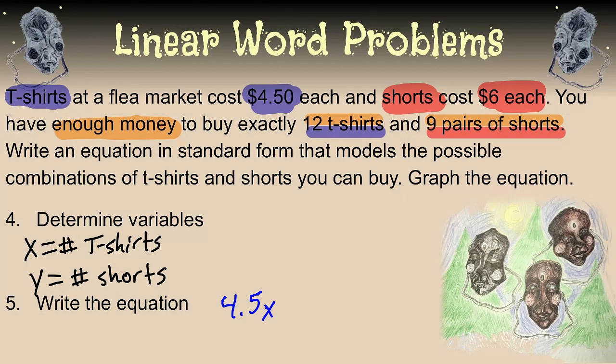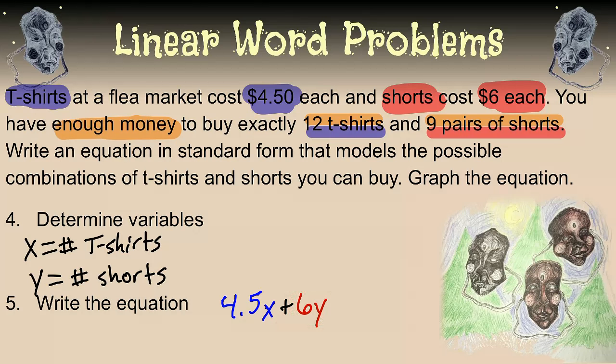That will tell me how much I spent on shirts. And if I add to that $6 times the number of shorts purchased, this will be the amount I spend on shorts. The amount I spent on shirts plus the amount I spent on shorts will give me the total.